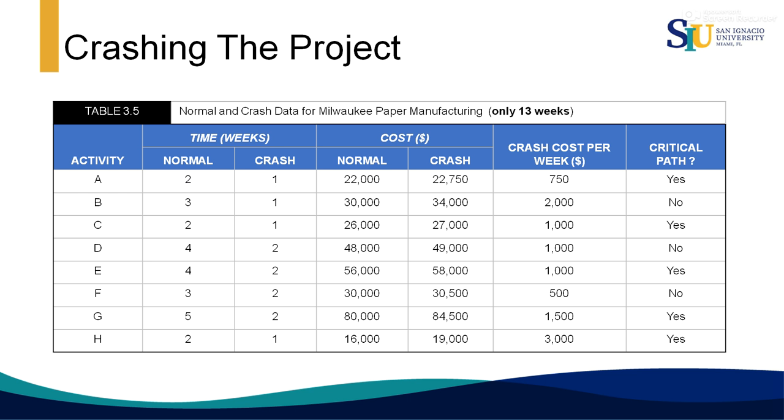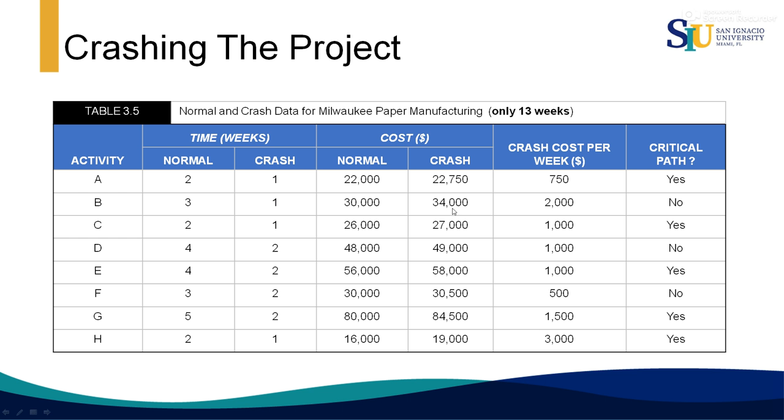Of course, we need more people, more resources, more equipment, and that's the reason the crash cost is higher than the normal cost. And in this case, 22,750 minus 22,000 divided by 2 minus 1 is 750.